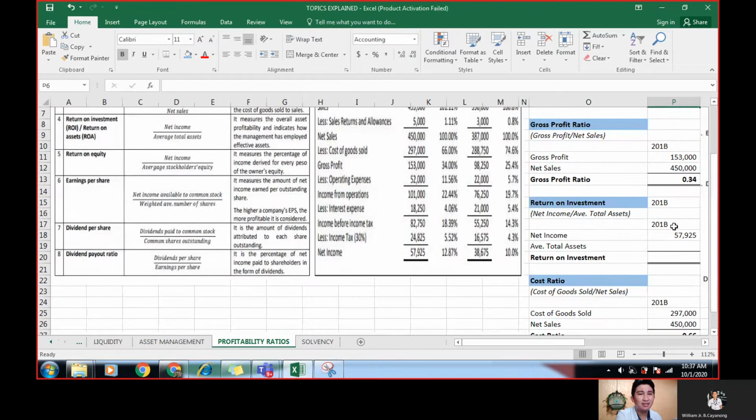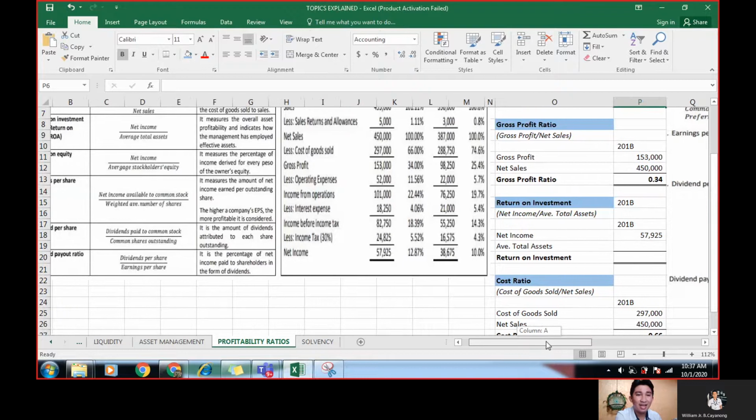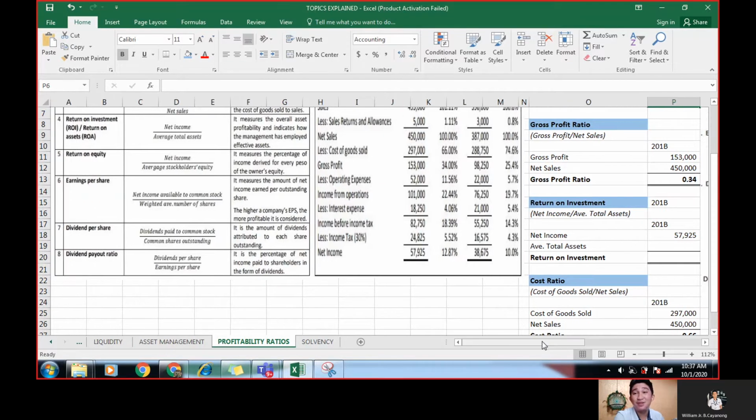Okay, let's proceed to the return on investment. This will be done through net income over average total assets. Actually, we already have our average total assets on the previous examples, right? So, ililink na lang natin siya. Okay, net income pa din is 57,925. Okay, kukunin natin yung average total asset dito sa asset management.